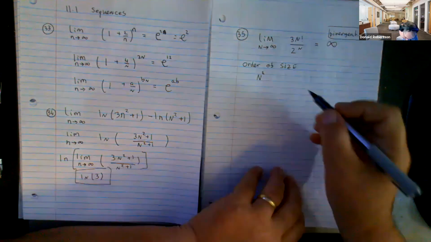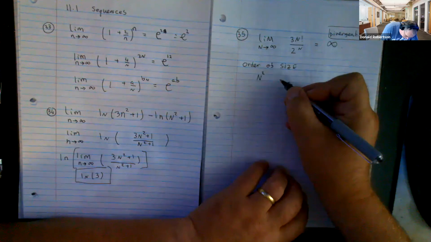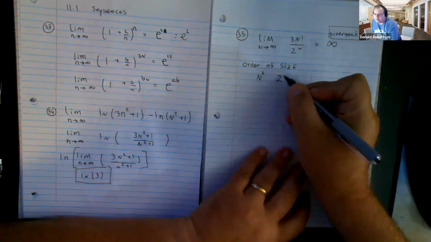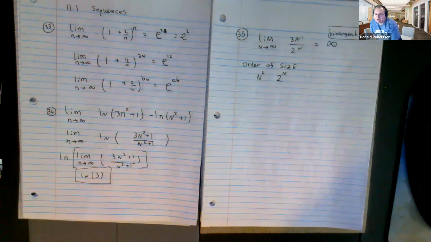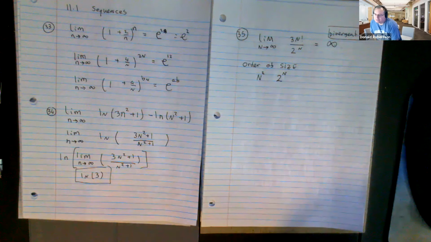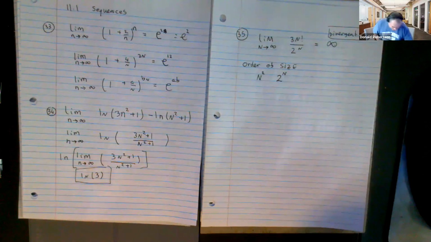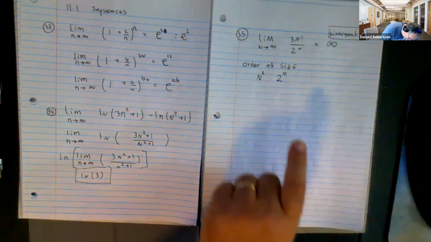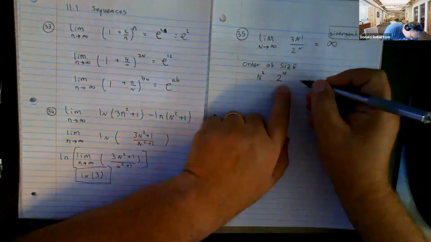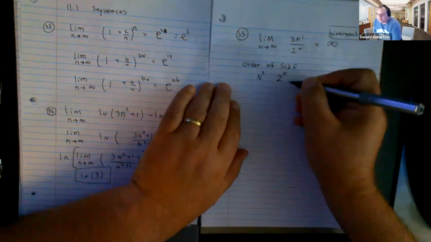If you do 2 to the power of n, it's bigger than n squared. Pick a number like 10. Isn't 10 squared 100? But 2 to the power of 10 is 1024. You can see it's already bigger. Going this way, the log of n, right?